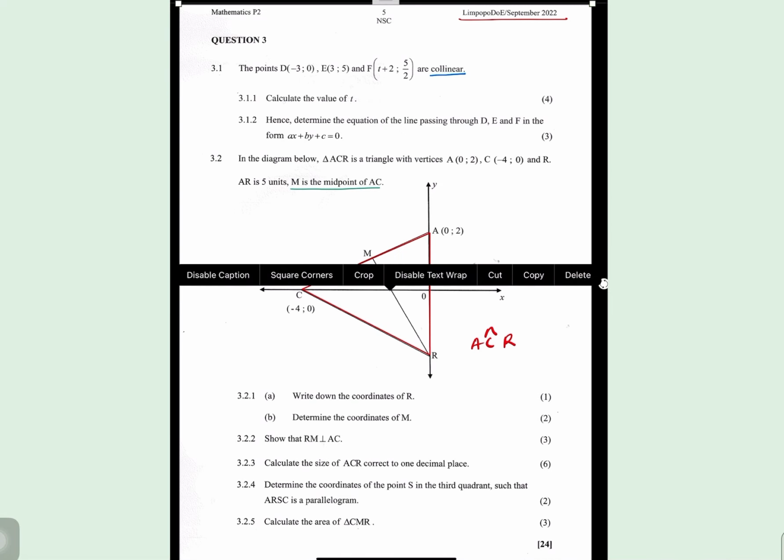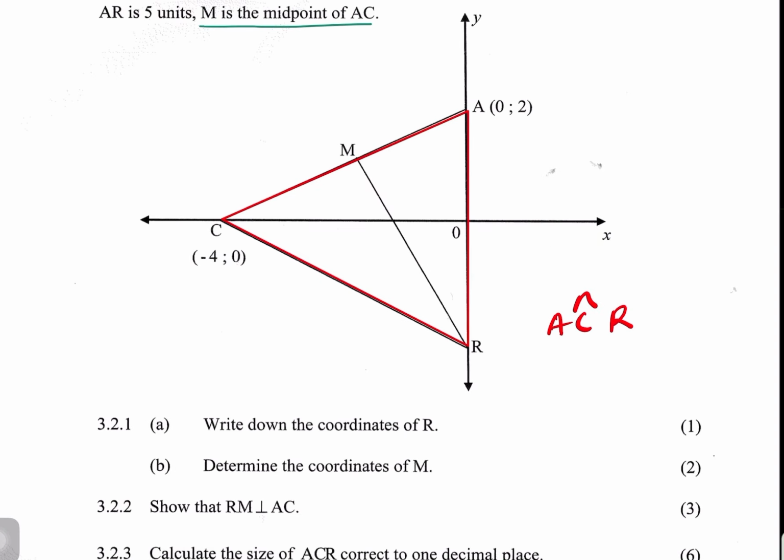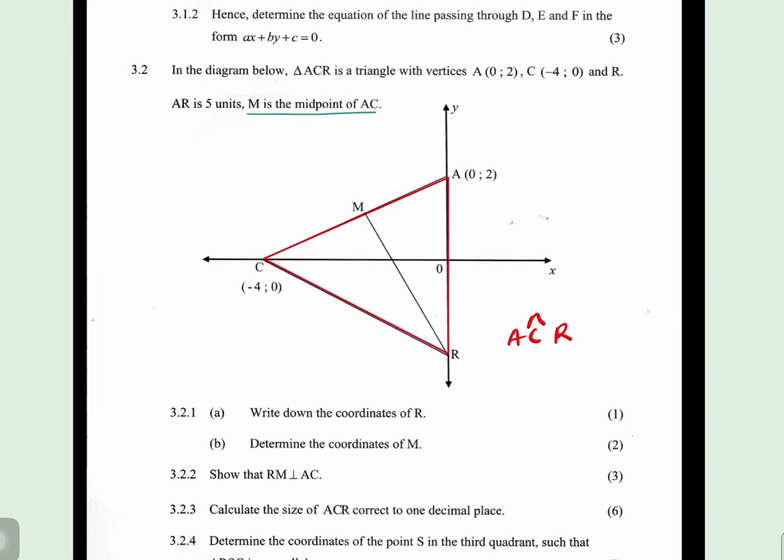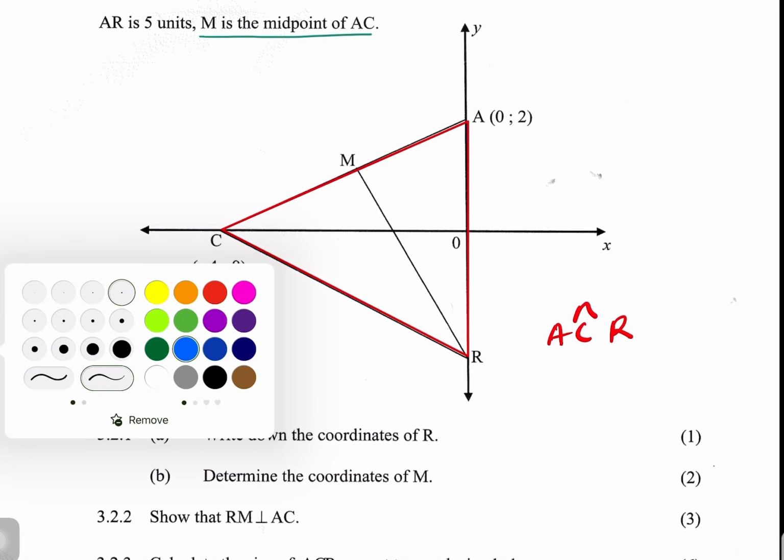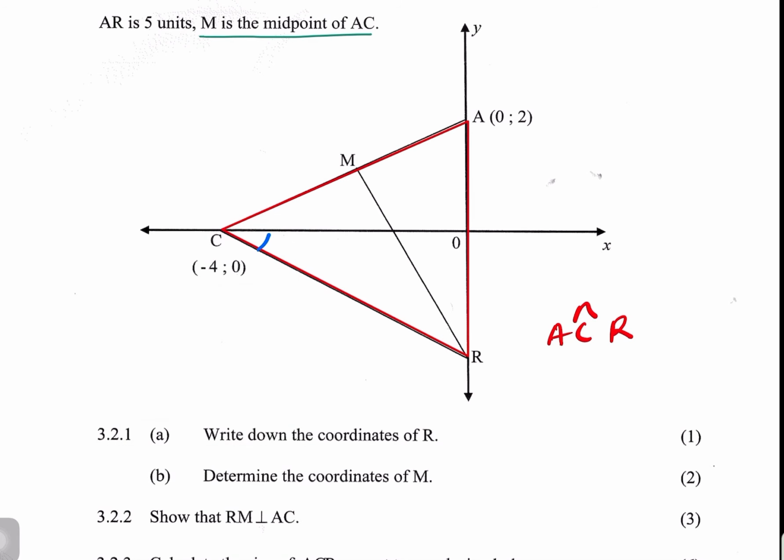So look guys, we want to find this particular angle just right here. Let me just mark it properly. We want to find that angle. So this one is a triangle, but I want you guys to see something. We've done something like 2D in grade 11.